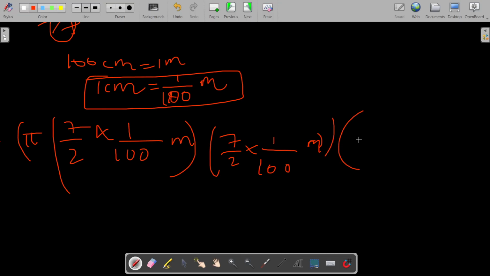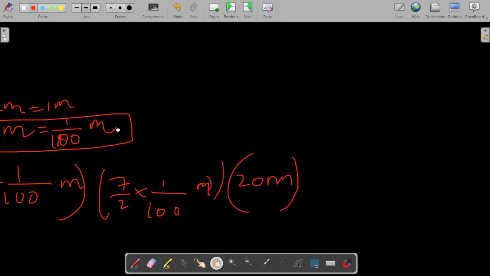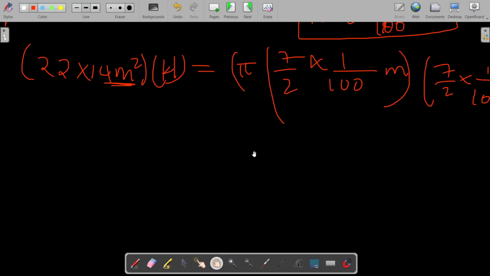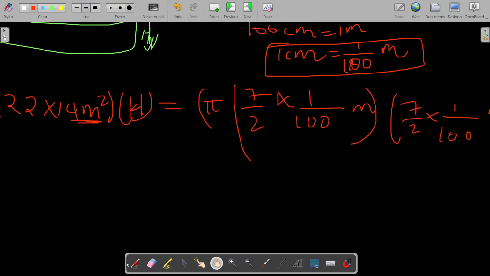The height of the cylinder is 20 meters. It is in meters, so we don't need to worry about that. We are dealing in meters only right now, so we can just calculate simply. This 7 gets cancelled, and pi is 22 over 7.